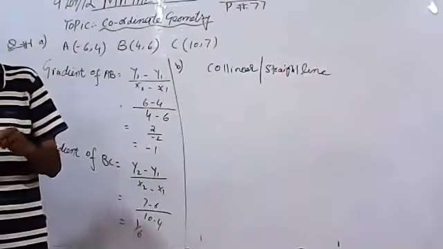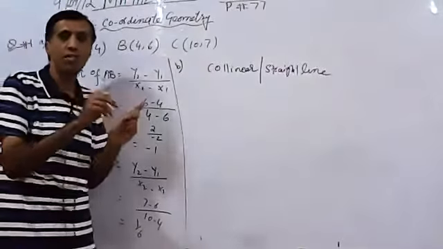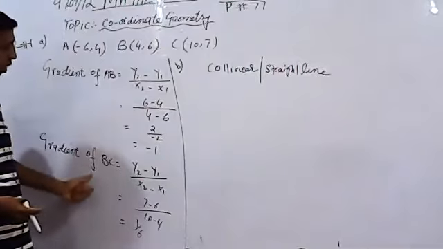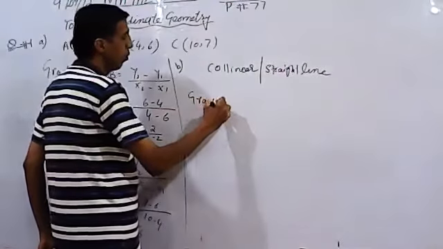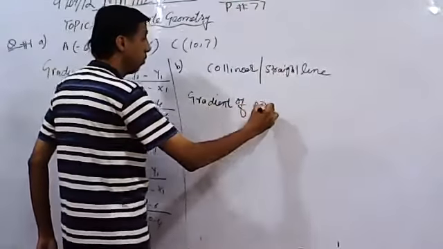In the B part, use your answer to part A. If I use the answer of part A, I will have to see whether the gradient of AB and BC are equal or not.